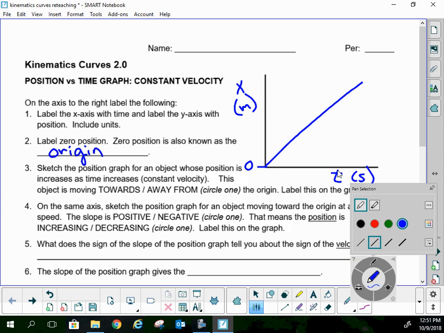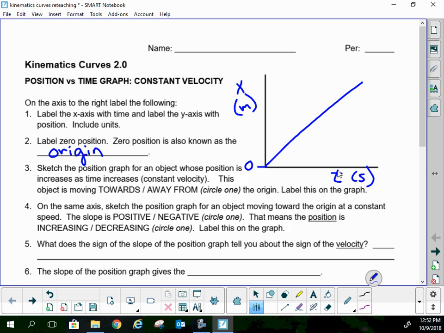We know that this has a constant velocity because for each, let's say 1 second in time, the position changes by the same amount. This object is moving away from the origin. So we'll label this with constant speed away from origin.